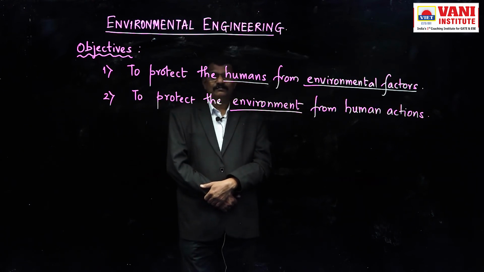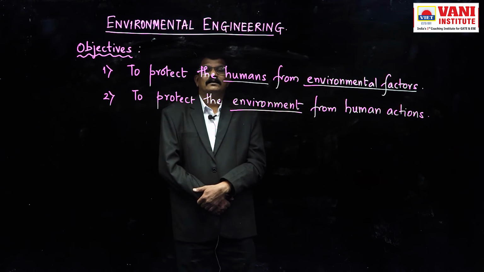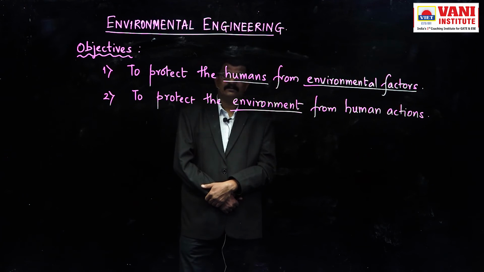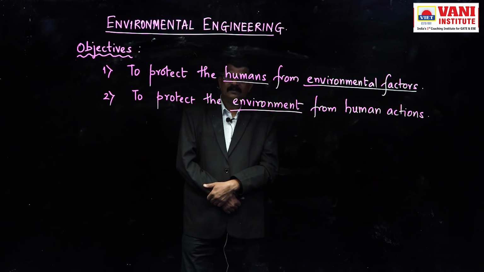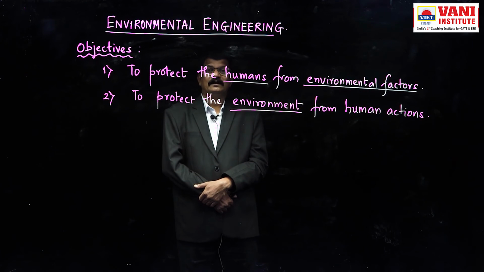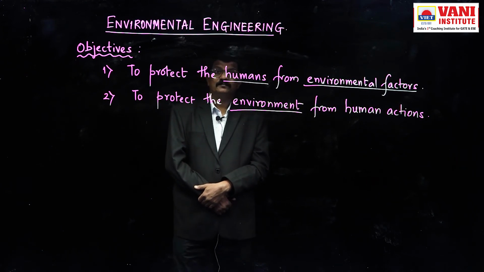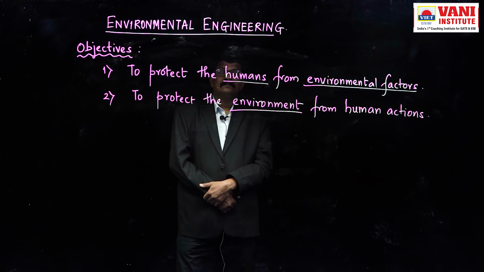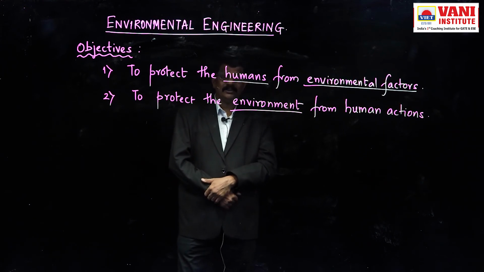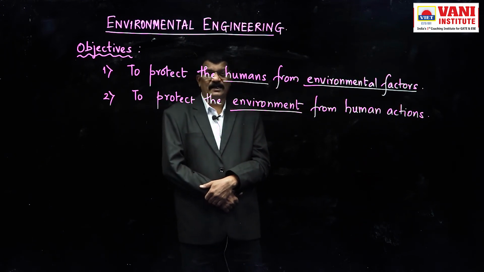Another resource that is required for the survival of human beings is oxygen. In other terms, air, atmosphere. In their survival, the human actions tend to produce such impurities which affect the quality of air.